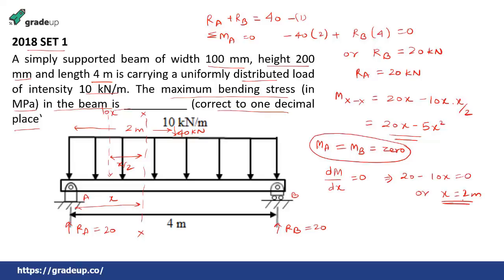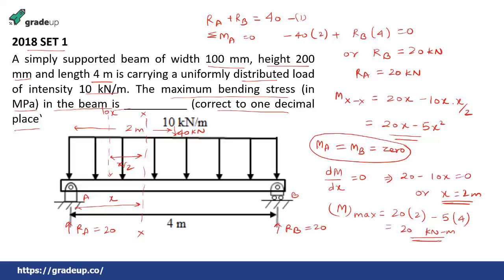So the bending moment is maximum at x equal to 2 meters. The maximum bending moment will be, substituting x equal to 2, 20 into 2 minus 5 into 4, that is 40 minus 20, that is 20 kilonewton meter.